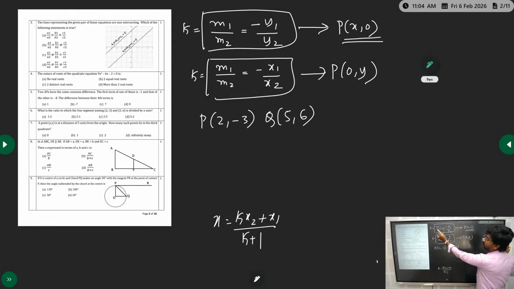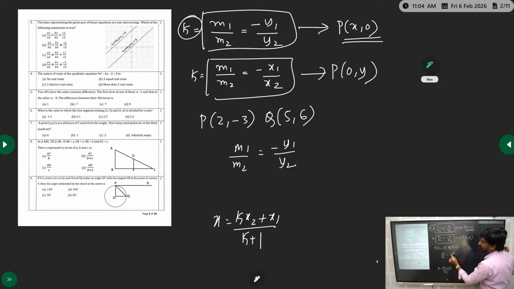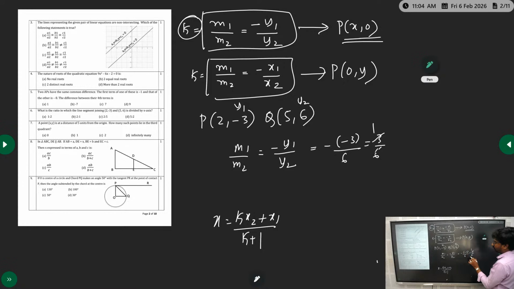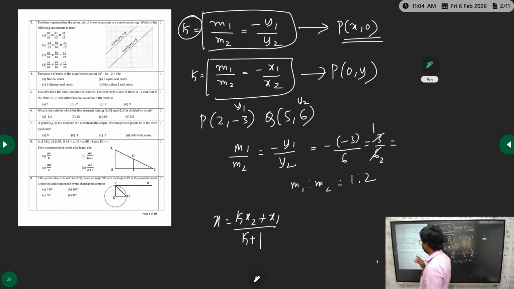The point lies on the x-axis, so how do I find the ratio? m1 by m2 is equal to minus y1 by y2. This is the y1 value, this is y2. Minus of minus 3 by 6 is 3 by 6, which is 1 is to 2. Then what is the ratio? Which option? Option A. So this is how you have to prepare shortcut formulas.